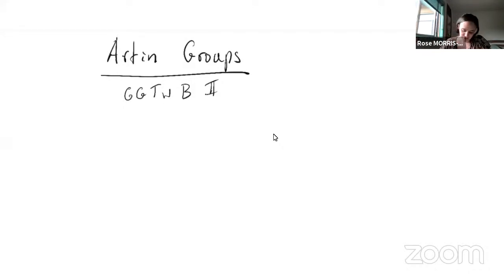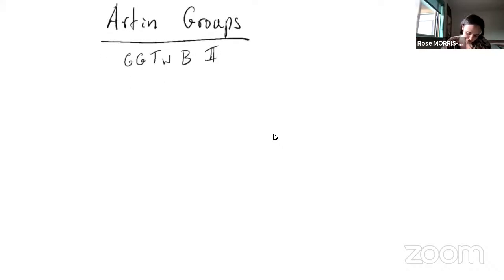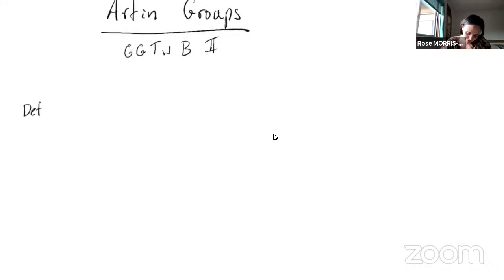All right, so I'm going to talk to you about Artin groups today. So let's just jump right in with our definition. What is an Artin group here? So I'm going to start with gamma, a finite simplicial graph.